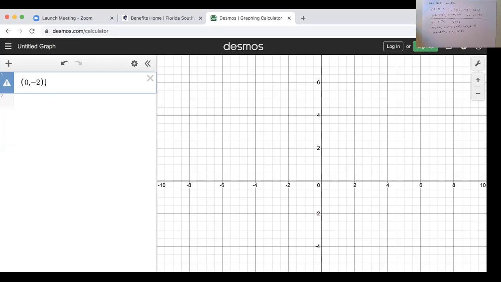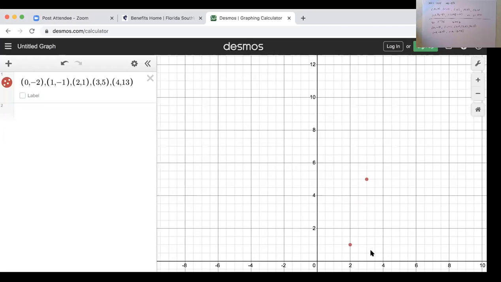I have 1, -1. 2, 1. 3, 5. 4, 13. Which is going to be hard to see, 4, 13, I think.